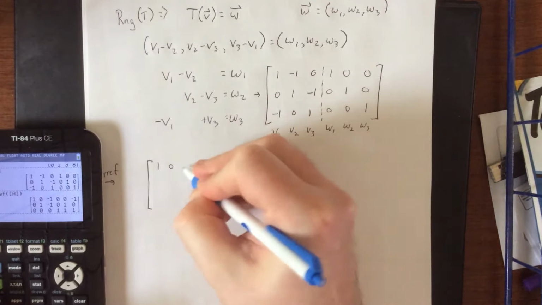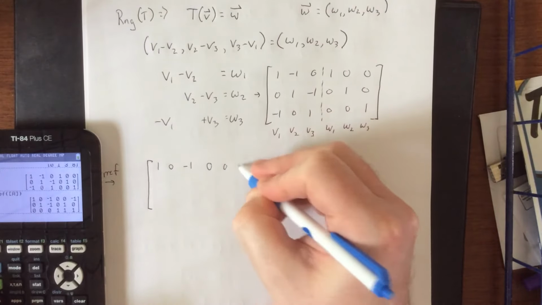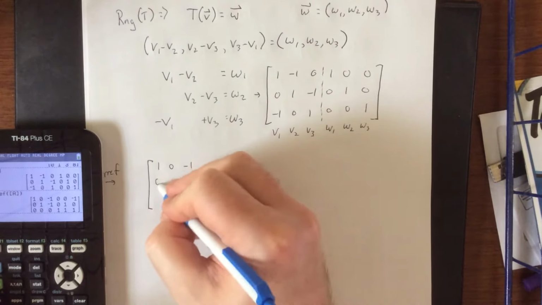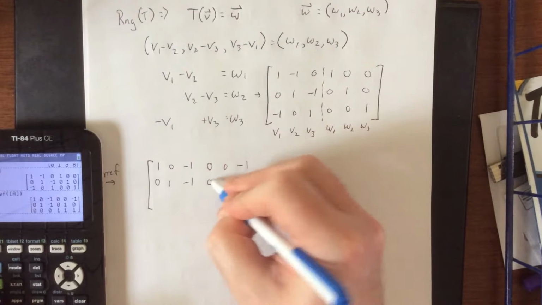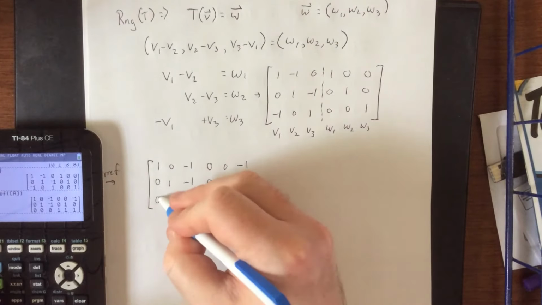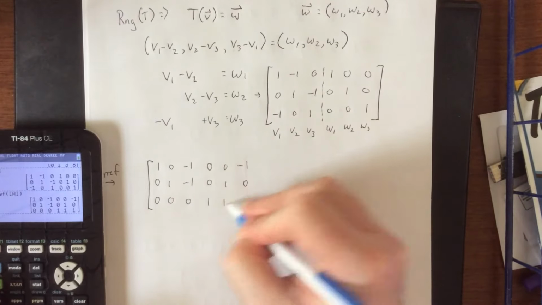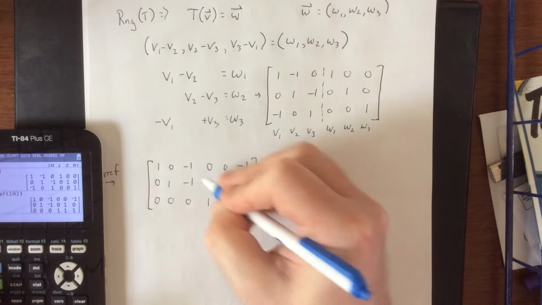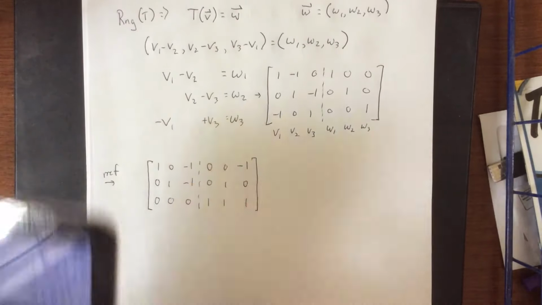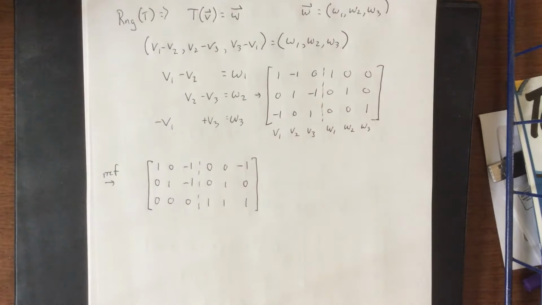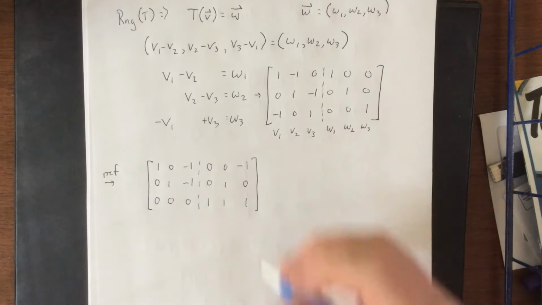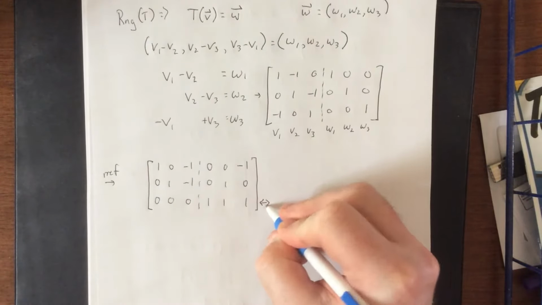First row 1, 0, -1, 0, 0, -1. Then we have 0, 1, -1, 0, 1, 0. And there's the good stuff right there. Now, here's where we get to give a little interpretation, specifically in this third row.